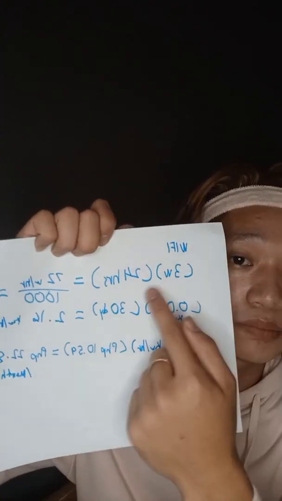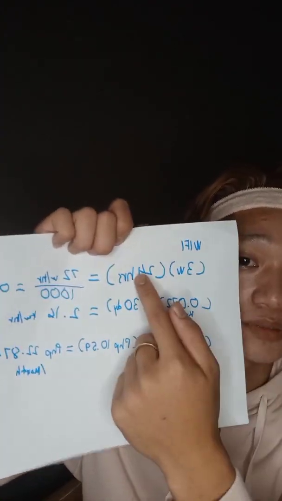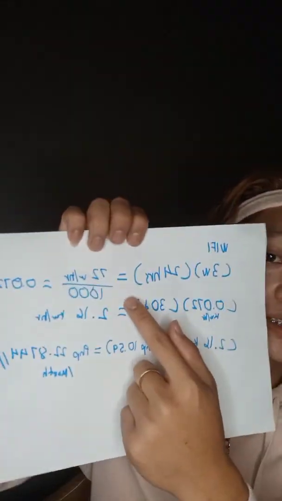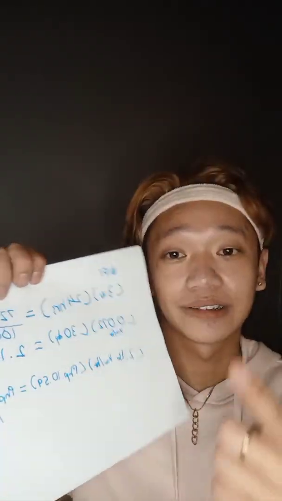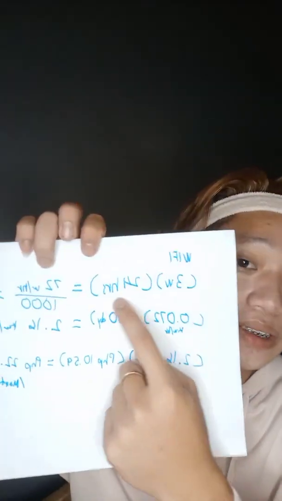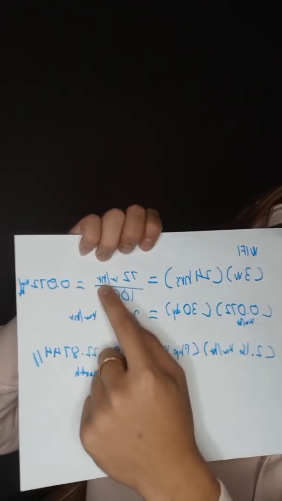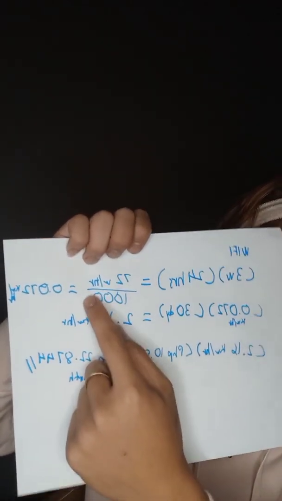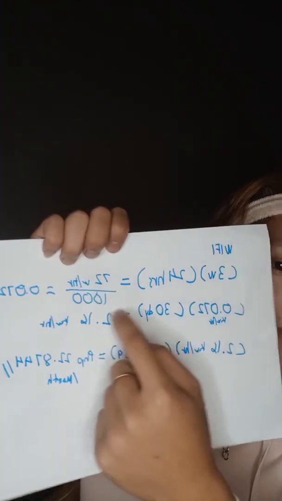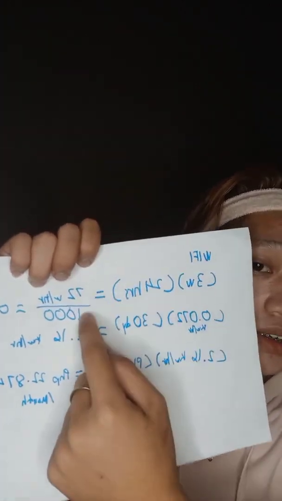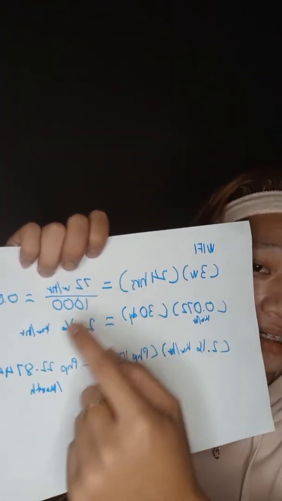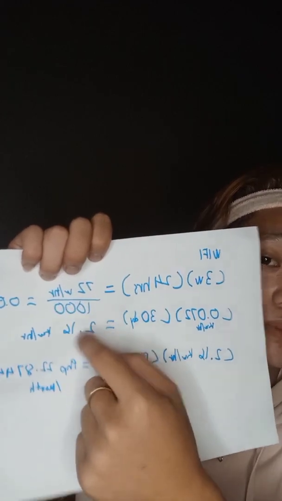So, ayan. Ang gagawin nyo, pagta-times nyo yan. Times nyo. Ayan guys, bibigyan ko pa kayo ng iba example mamaya. So, basta kuha lang kayo ng scientific calculator. Then, gagawin nyo pagta-times nyo yan. 3 times 24 is equal to 72 watts per hours over 1,000. 72 divide by 1,000.